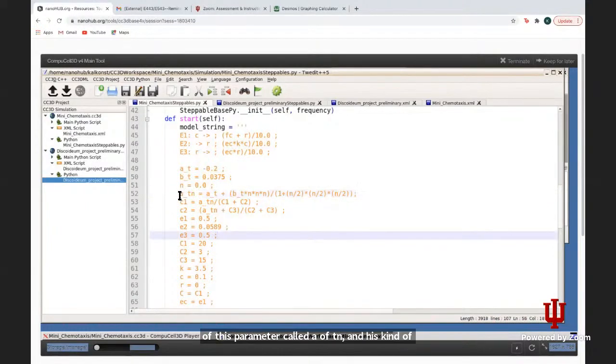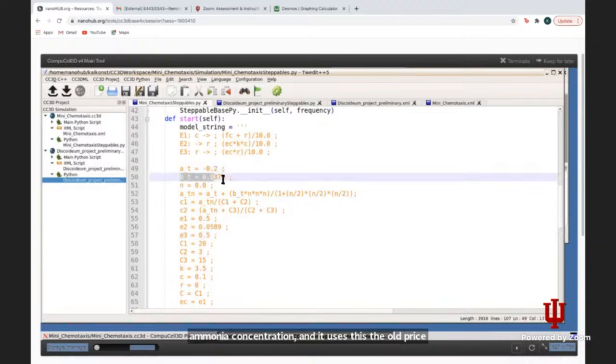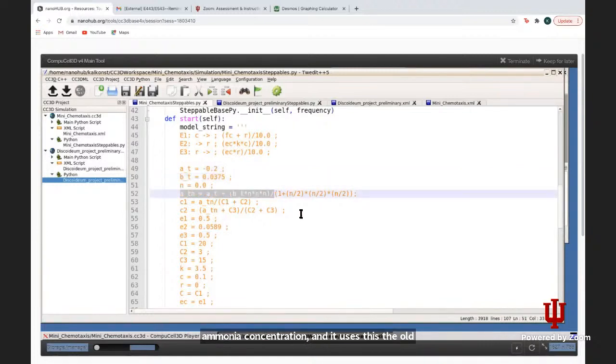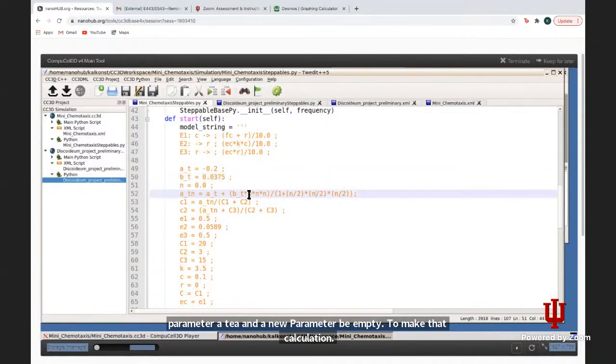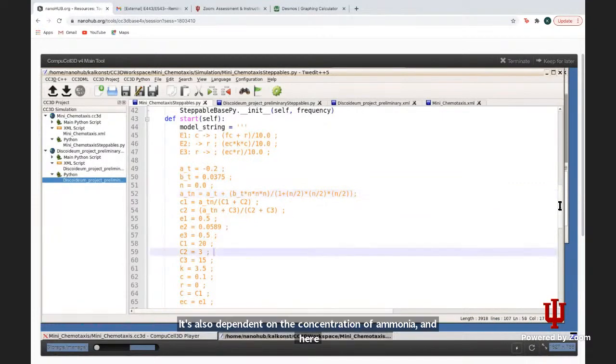This is the cell excitability that accounts for the ammonia concentration, and it uses the old parameter A of T and a new parameter B of T to make that calculation, which is also dependent on the concentration of ammonia N. So that's the update to the Antimony string.